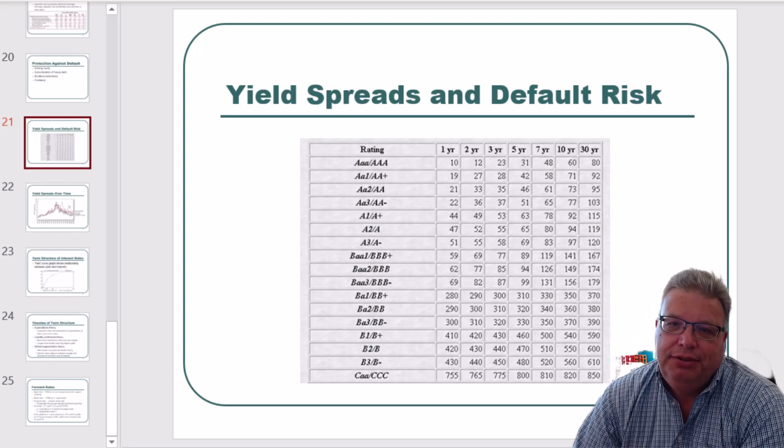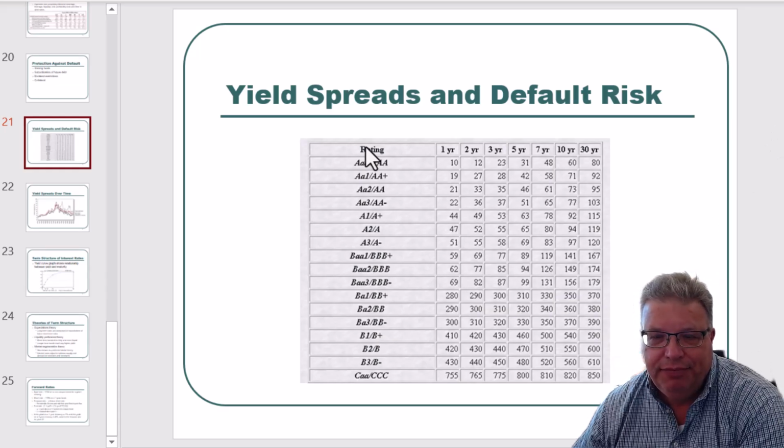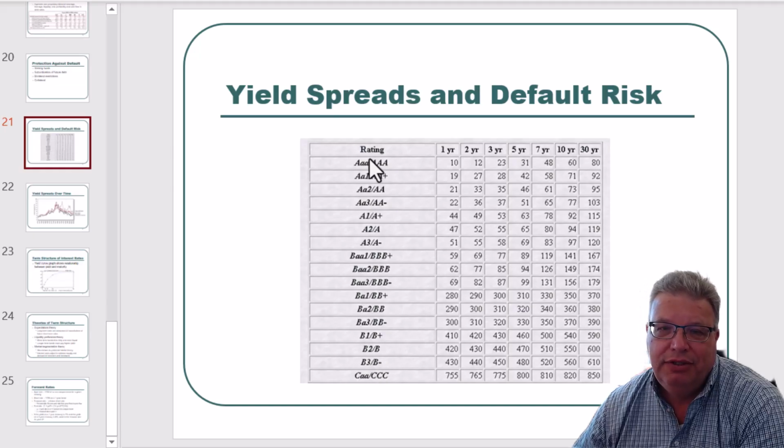What this table shows, in this first column, is the different credit ratings, from very safe AAA to already in default triple C down below, and I think it's Moody's slash S&P, something like that.